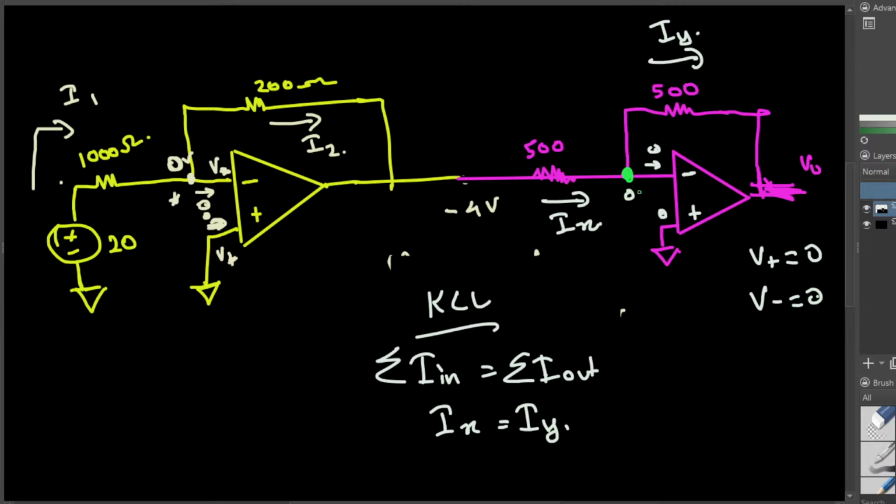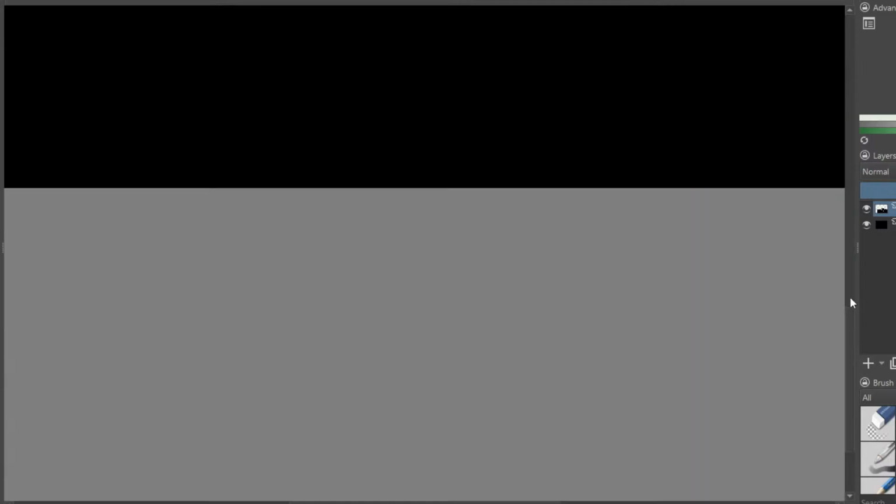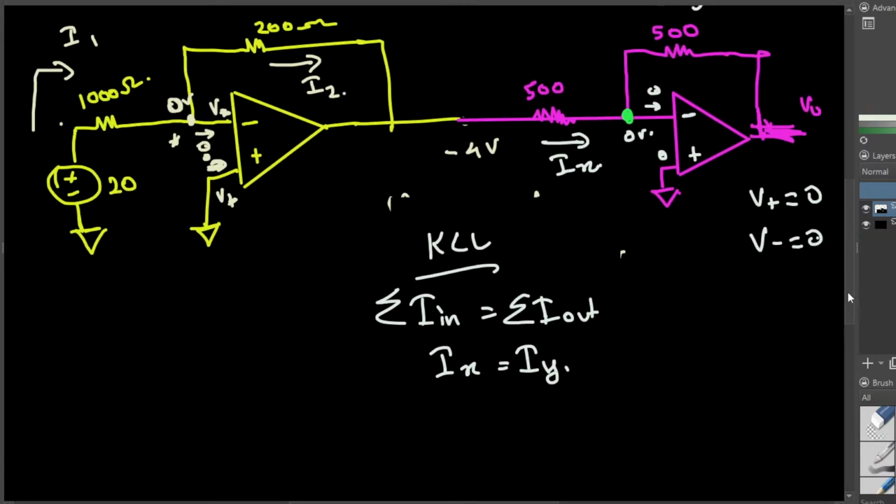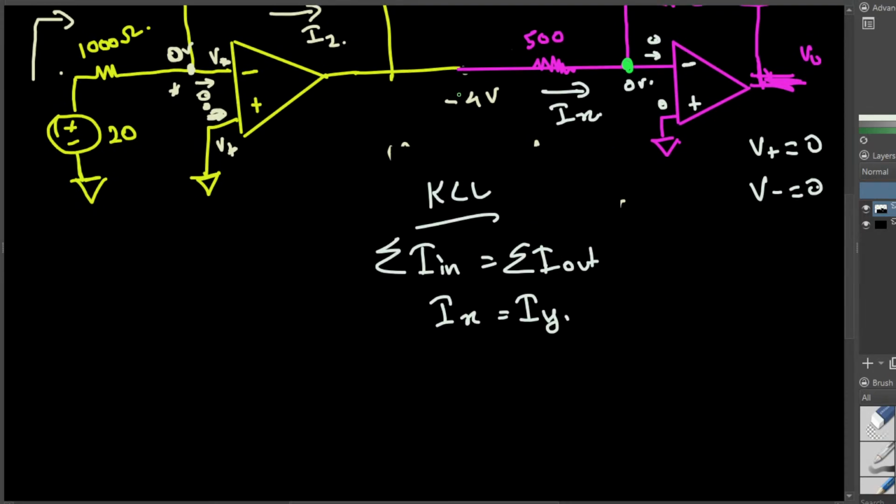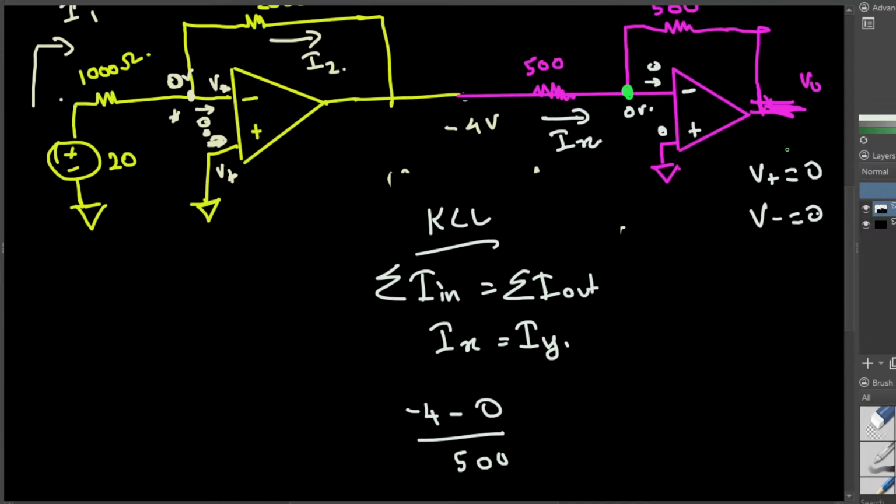Then writing the current equation in terms of voltage: minus 4 volts minus 0 divided by the resistance in between, that's 500. And then here we have 0 and the VO, that's what we are interested in. So 0 minus VO divided by 500.